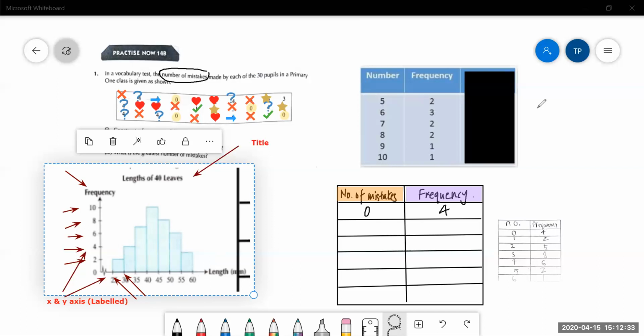For instance, should I label here, then here 20, then here 30, or should I label it 20, 30, 40?